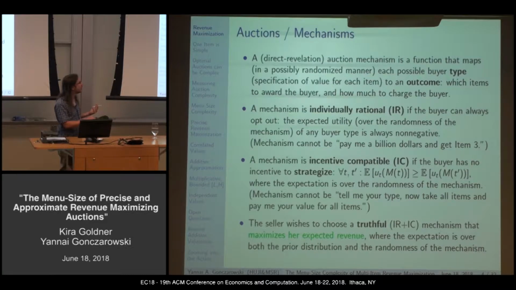Note that everything incentive related for the buyer is only an expectation over the randomization of the mechanism, because the buyer knows her type. It's not something unknown. But for the seller, it's over the randomness of the mechanism and over the prior distribution over the buyers, because the seller does not know the realization of the buyer type in advance when she chooses the mechanism.